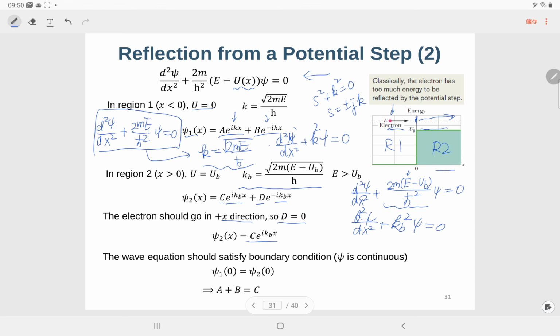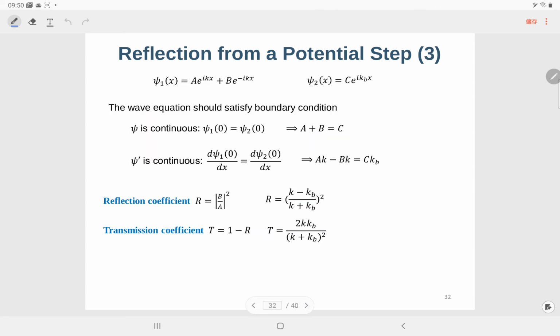In that case, the wave function should be continuous. Phi should be continuous, and so phi prime should also be continuous, which means phi 1 at 0 should equal phi 2 at 0. Substituting the values, a plus b equals c.